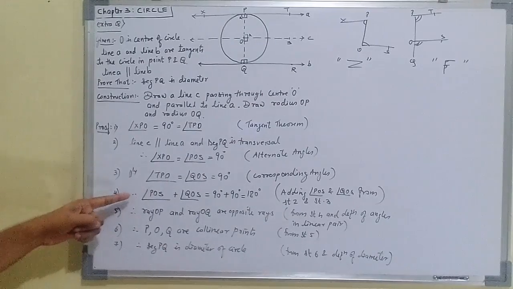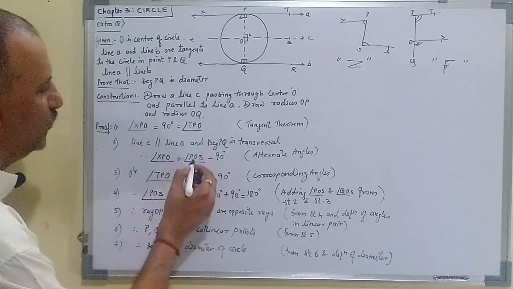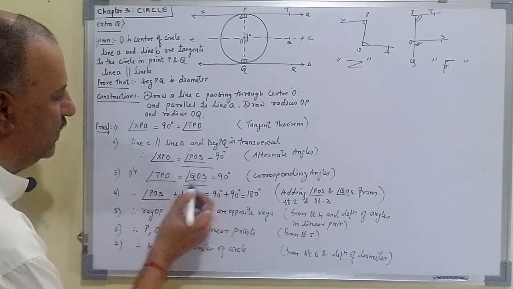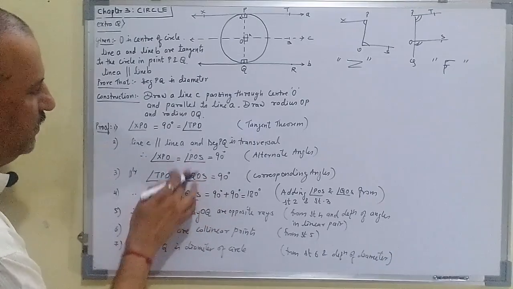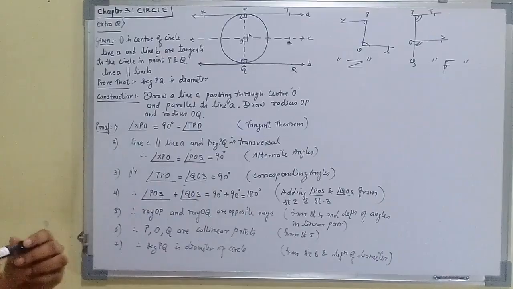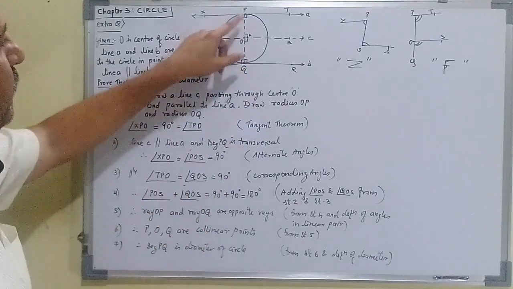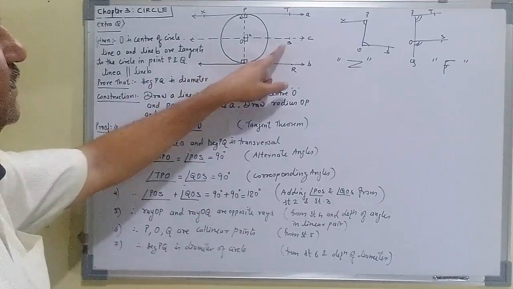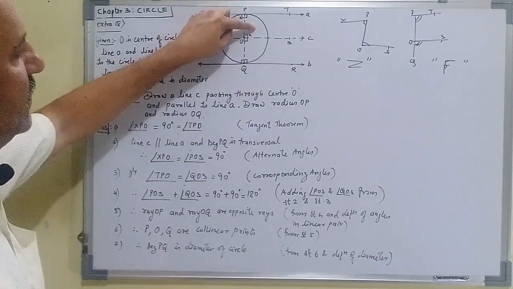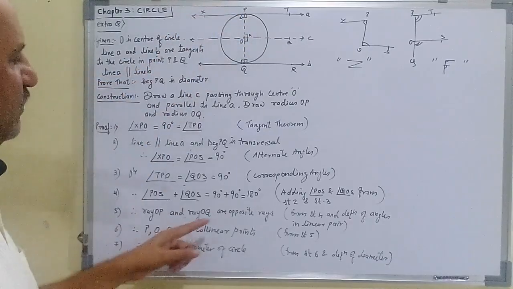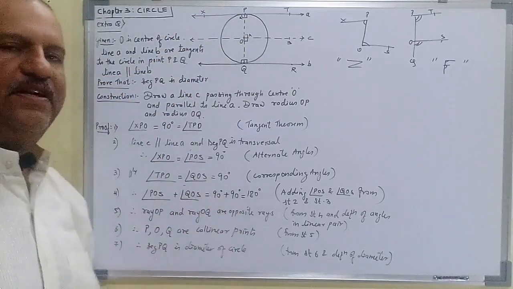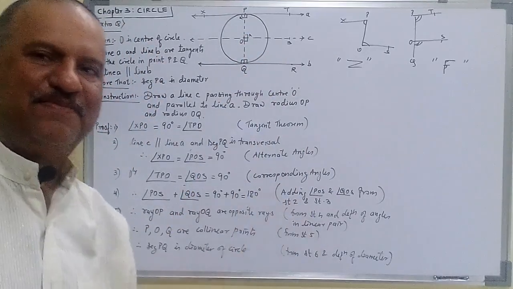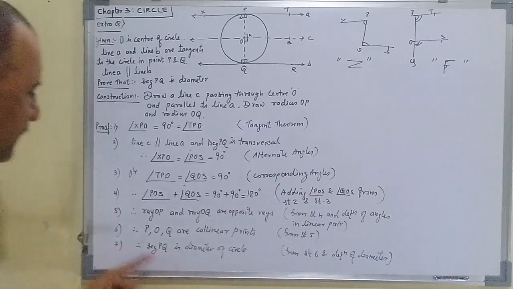Now, add these two angles, POS and QOS. POS is this, QOS is this. Add them, you get 180 because 90 plus 90 is 180. You can see they are adjacent angles and their sum is 180, so they form a linear pair.